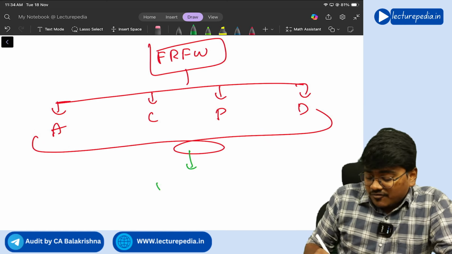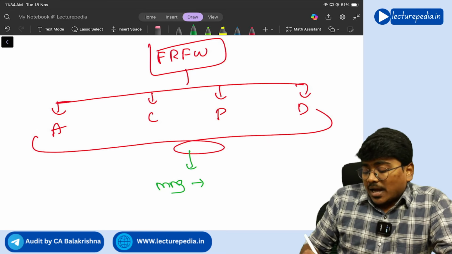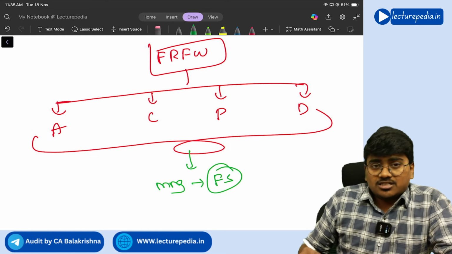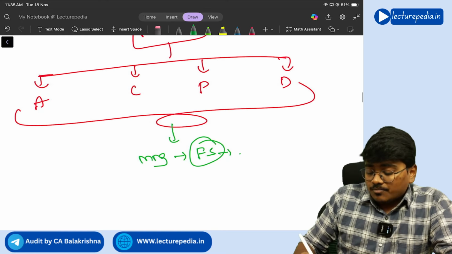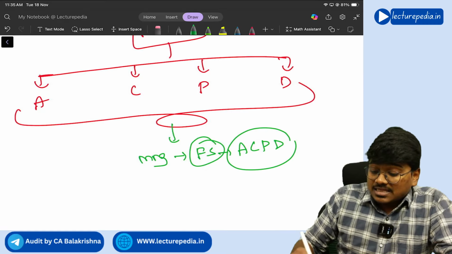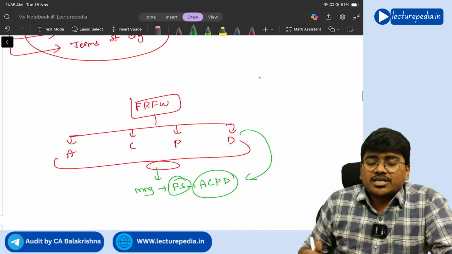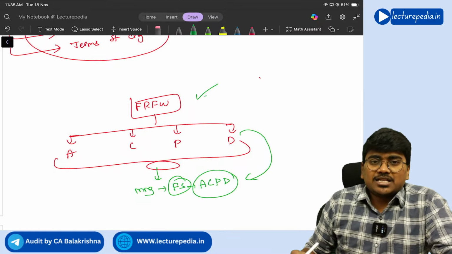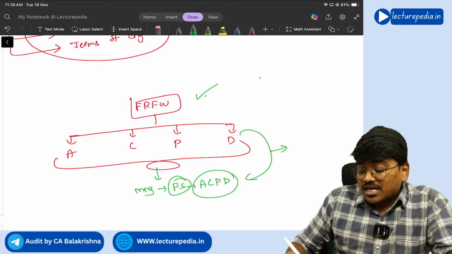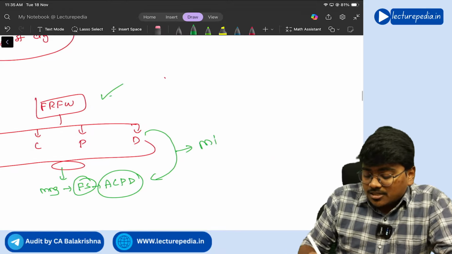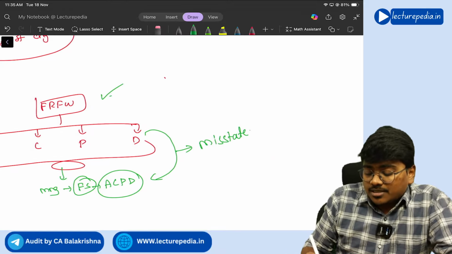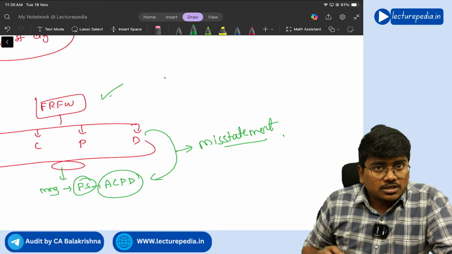But if management, while preparing financial statements, follows an amount, classification, presentation, disclosure that is different from what is prescribed by the financial reporting framework, then you will call such a situation a misstatement, correct or not? Yes.